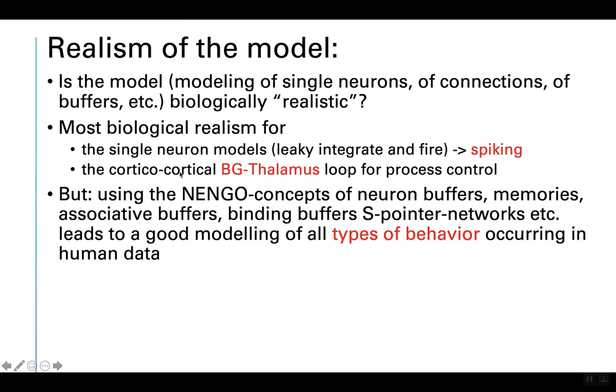We have seen that the corticocortical loop, the basal ganglia and thalamus loop, is modeled in detail for really biological process control.